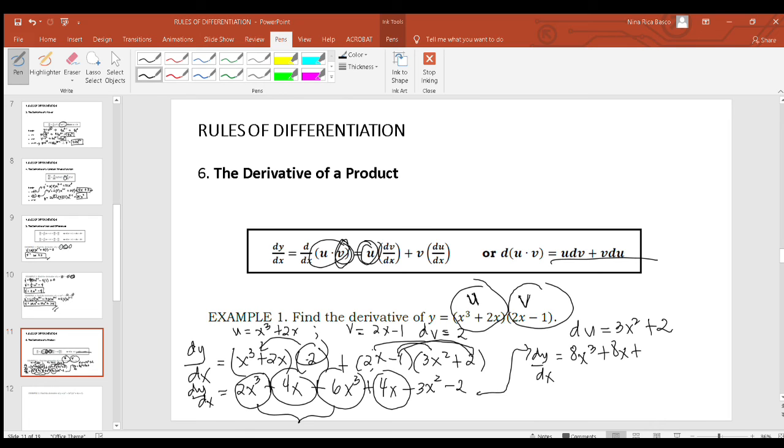Then, let's proceed to minus 3x squared minus 2.